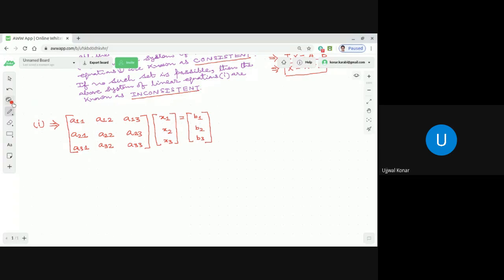So as we know, these matrices are named as AX equal to B, correct? Where A is the coefficient matrix, X is the variable matrix, and B is the constant matrix. Now, apart from these three matrices, I'm writing it down also: this is known as the variable matrix.